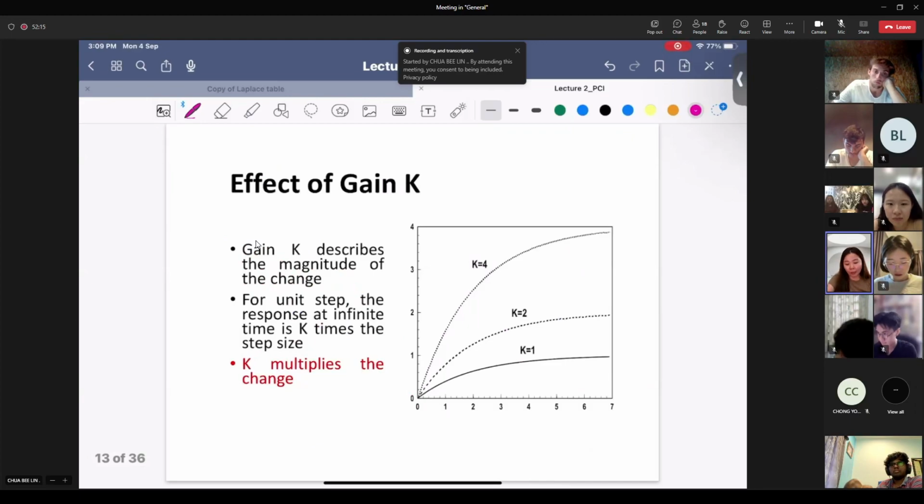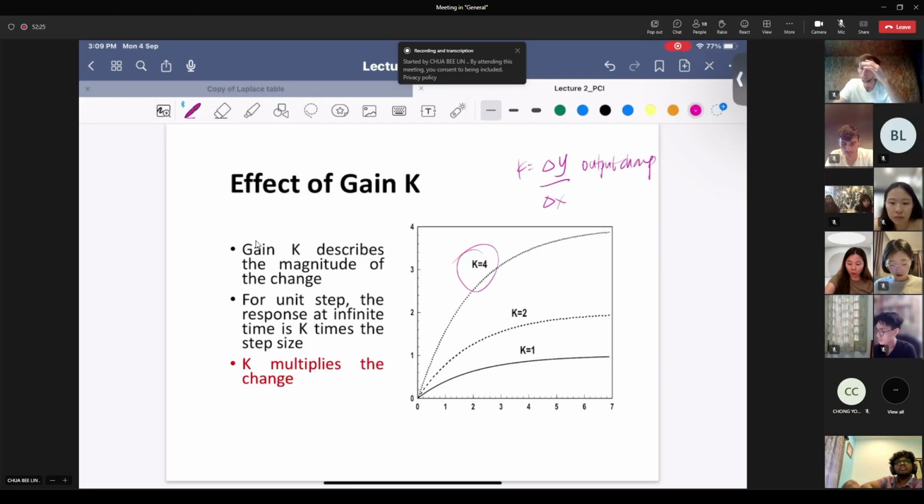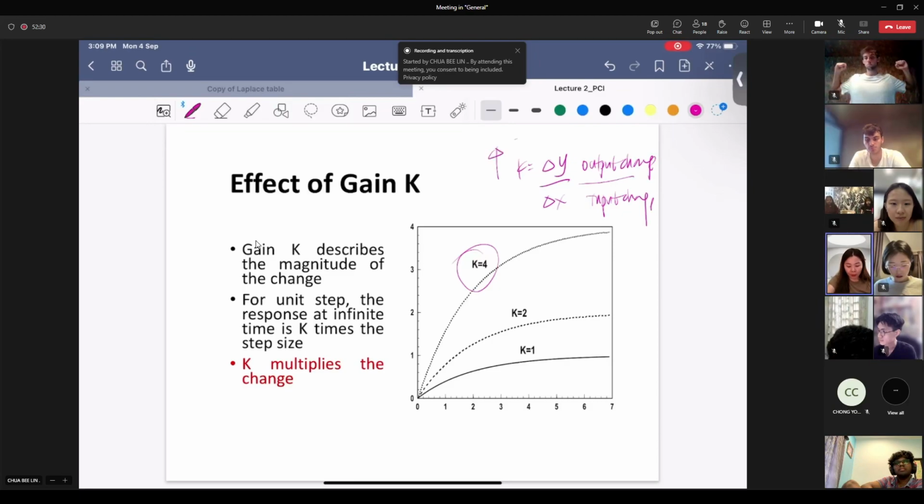So, the effect of gain K: K is the ultimate change of output over the input. So this is the output change over the input change. When you have higher K, the gain K describes the magnitude of the change.